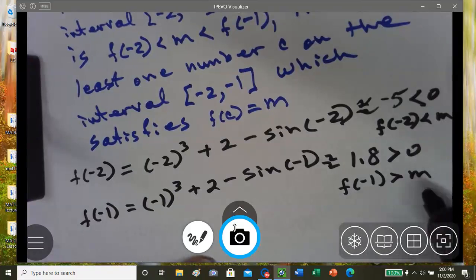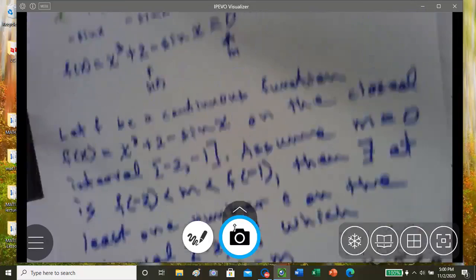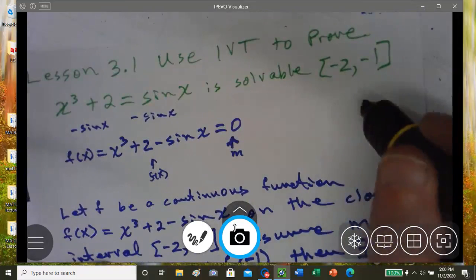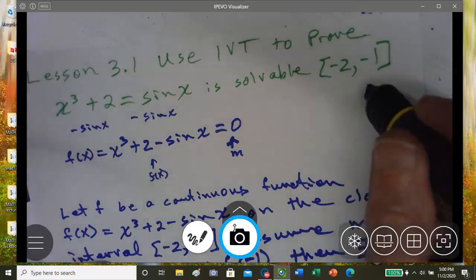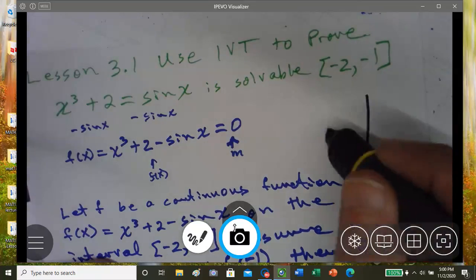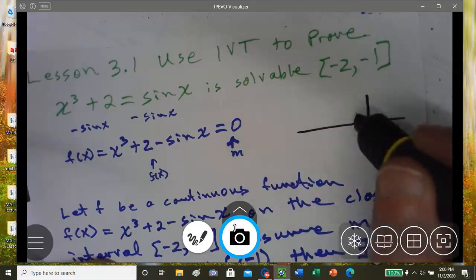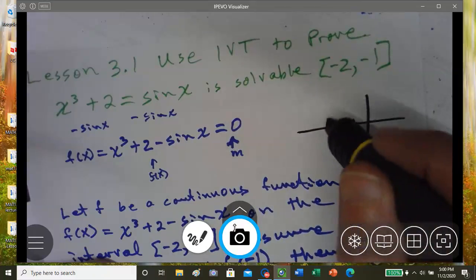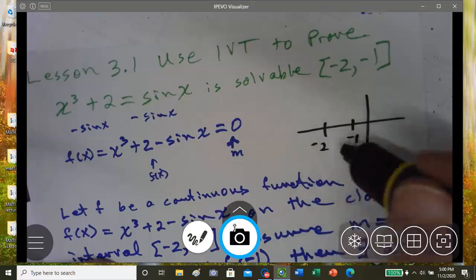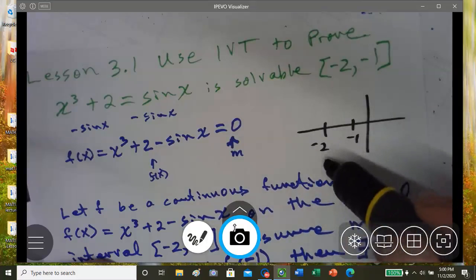So if we were to graph this, here's negative 1 and here's negative 2.